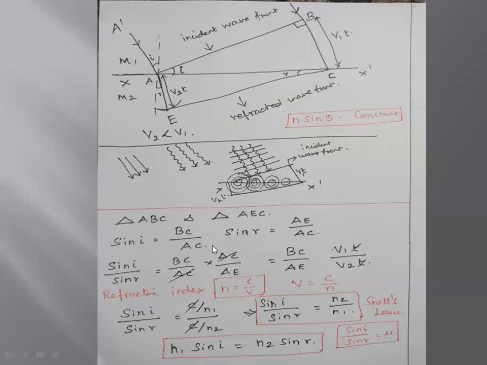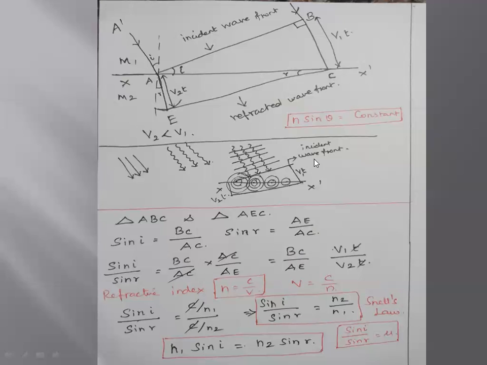We already know what Snell's law is: sine i by sine r is equal to constant. So sine i by sine r. What is sine i? BC by AC. And sine r is AE by AC, so it becomes the reciprocal, AC by AE. AC and AC will get cancelled. What is the leftover? BC by AE is the leftover.